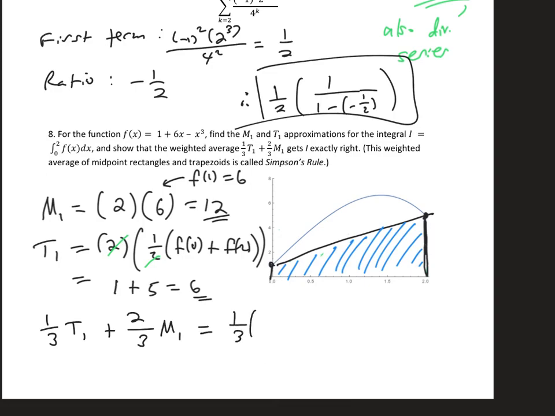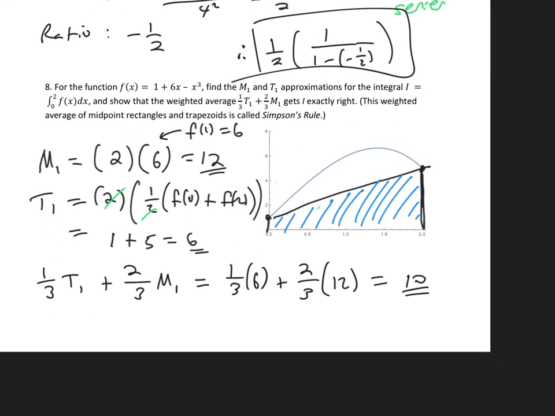So that's 1/3 of 6 plus 2/3 of 12. So that's 2 plus 8, which is 10. And I won't do it here, but the point is that if you were to do this integral exactly using the fundamental theorem of calculus, you should also end up with 10.